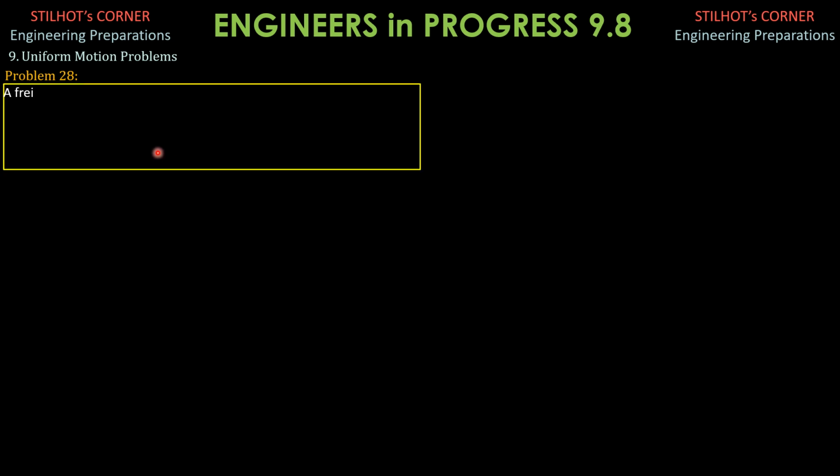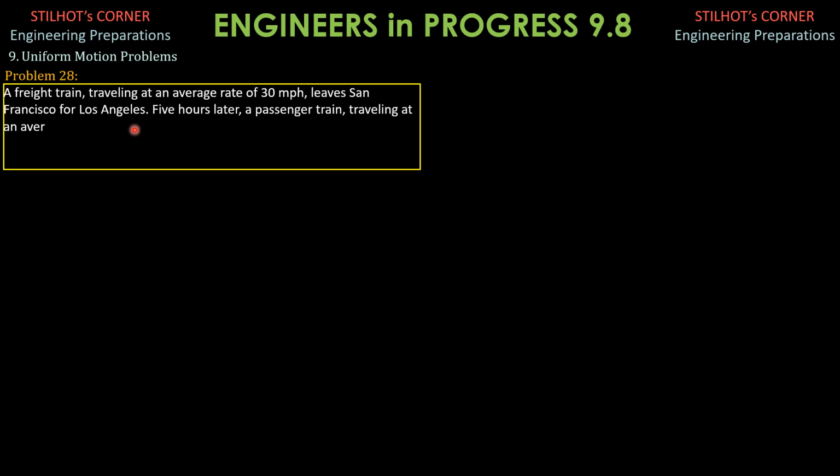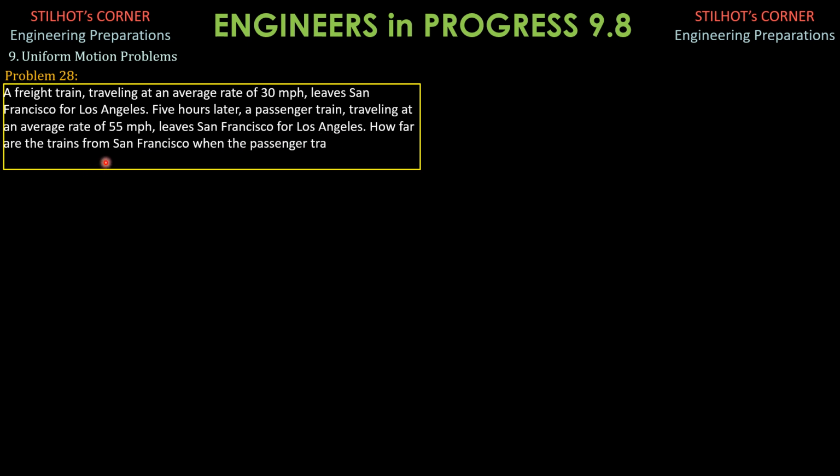So, a freight train traveling at an average rate of 30 miles per hour leaves San Francisco for Los Angeles. 5 hours later, a passenger train traveling at an average rate of 55 miles per hour leaves San Francisco for Los Angeles. How far are the trains from San Francisco when the passenger train passes the freight train?